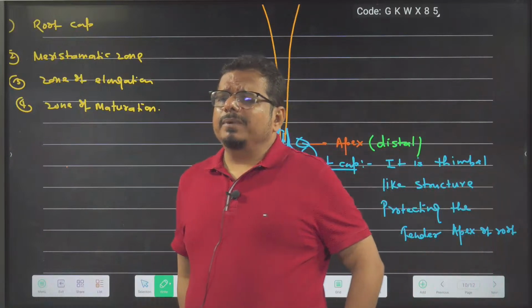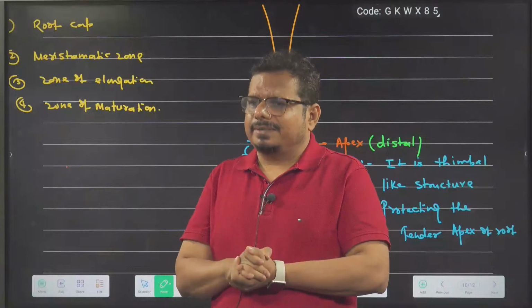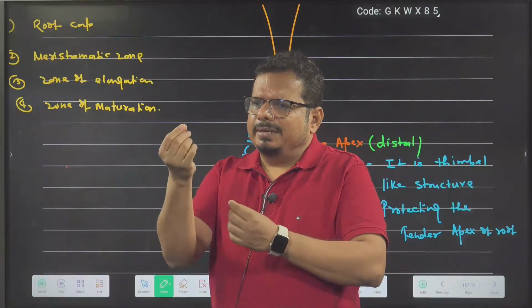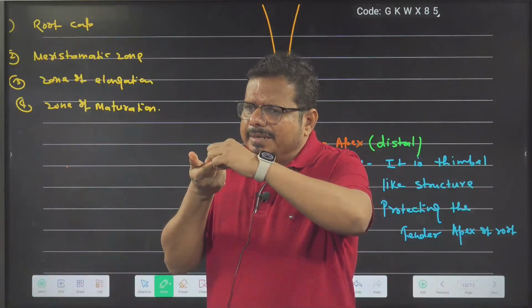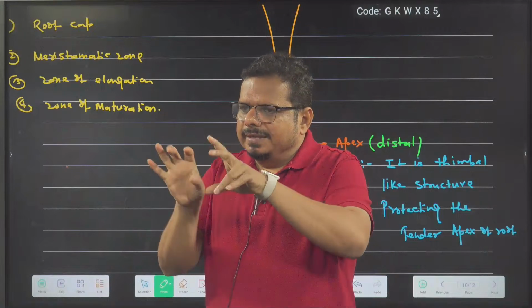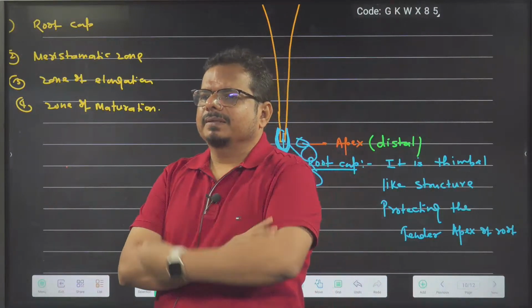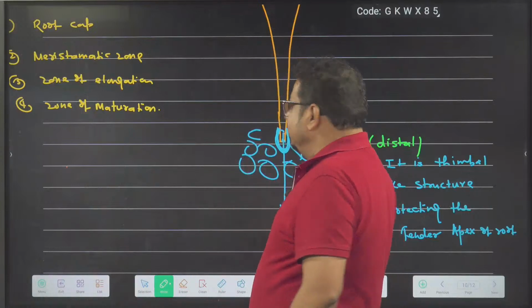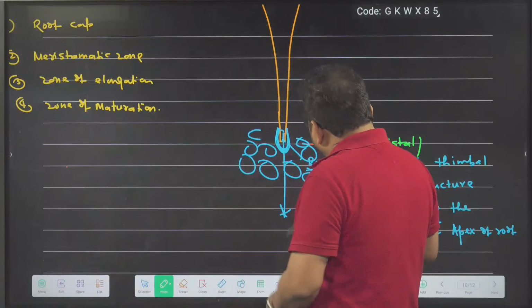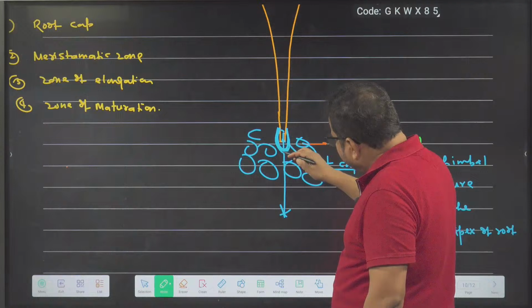Some people, when working with their hands in a dangerous industry, suppose a sewing machine is working, wear a metal cap on their finger. This metal cap is called thimble. The root cap is not metal, it just looks like that in structure.